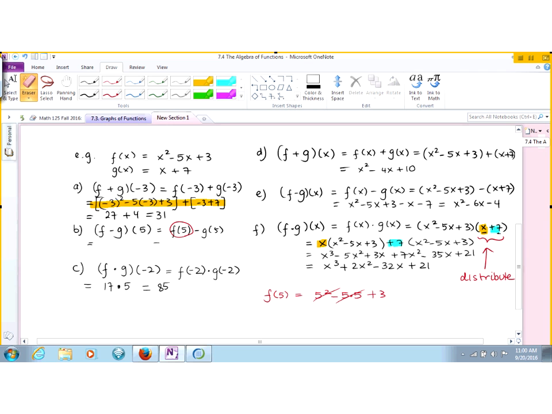So if you want to write down the steps, this is your f of 5. So this is 5 squared minus 5 times 5 plus 3. That is your f of 5. Minus g of 5. g of 5 is what? 5 plus 7. Yes, so your input is 5.